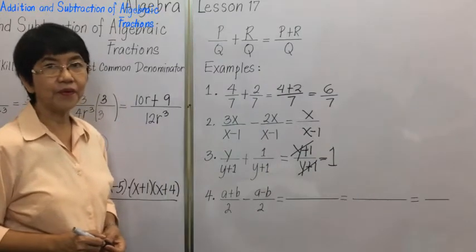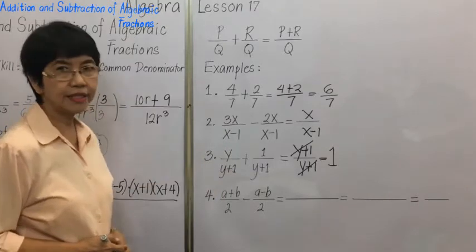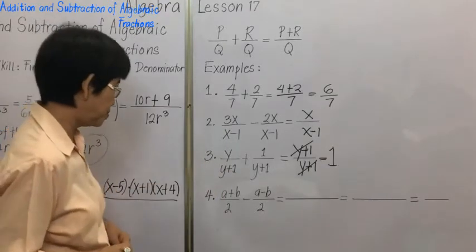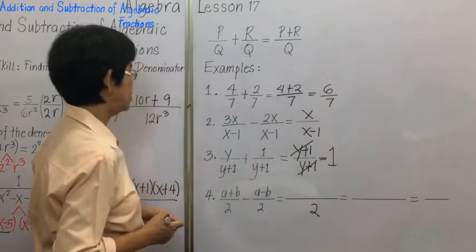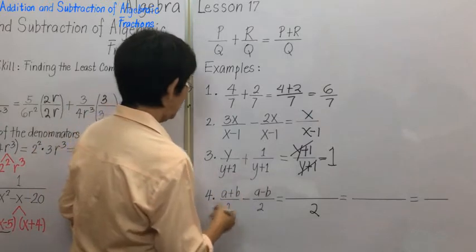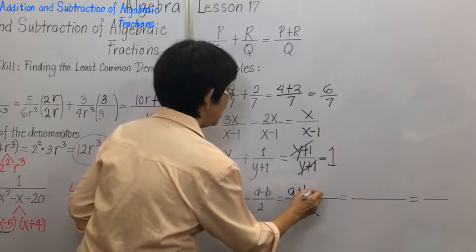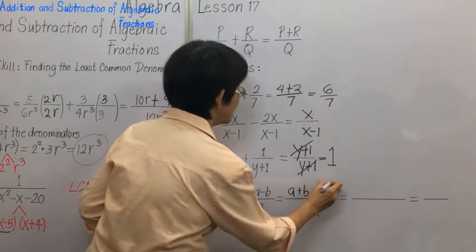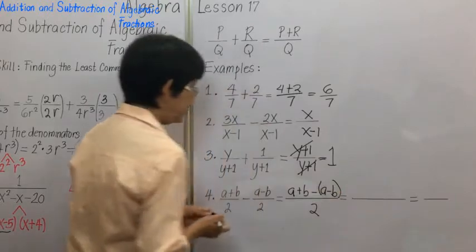And for number 4, we have a plus b over 2 minus a minus b over 2. So we copy the common denominator and subtract the numerators. A plus b minus the quantity a minus b.